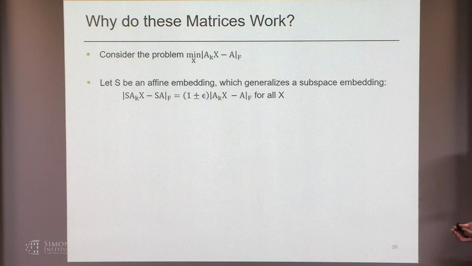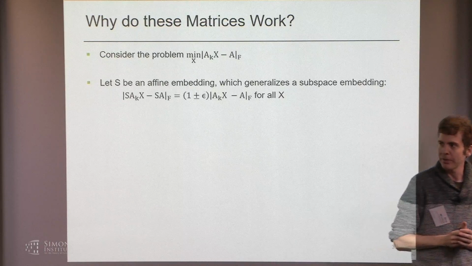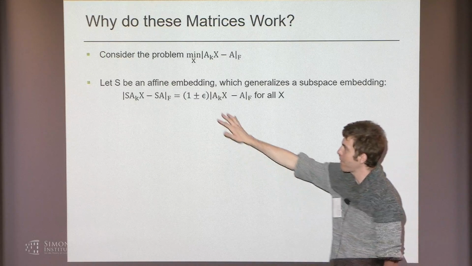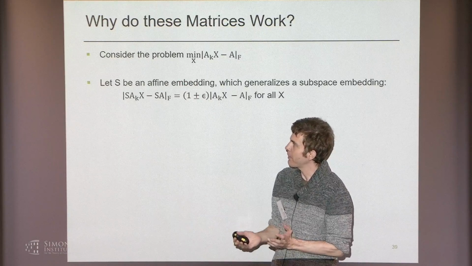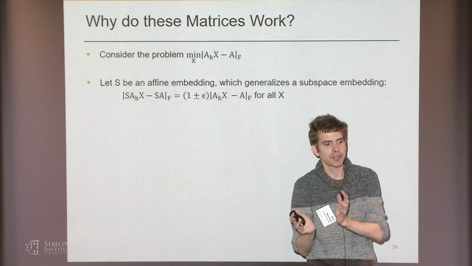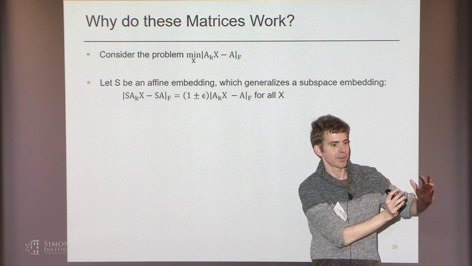Let's look at a sketched version of this problem. I don't have time to define what's called an affine embedding, but you can think of an affine embedding as a subspace embedding for a shifted subspace, shifted by some fixed amount.